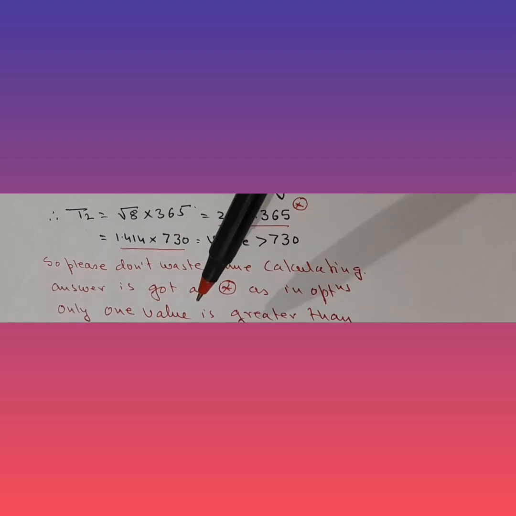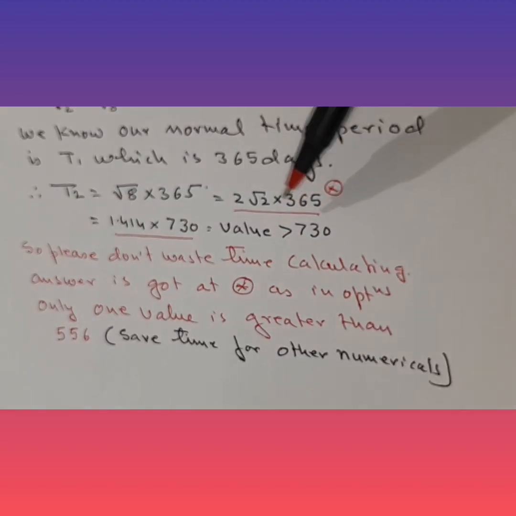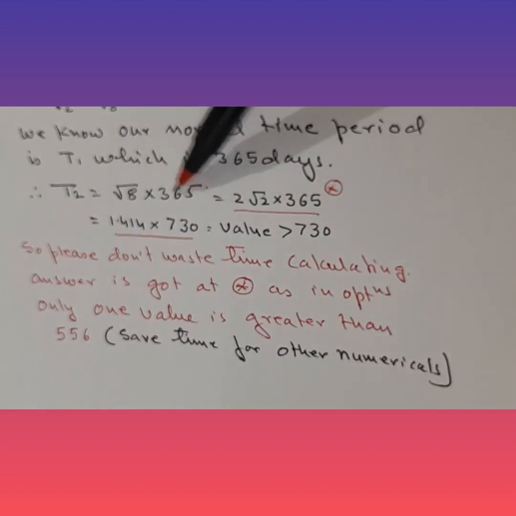Here itself we get an idea that the value would be greater than 730. When we check our options, there's only one option, 1032, which is greater than 600. So no need of going further into calculation. We got our answer here itself.